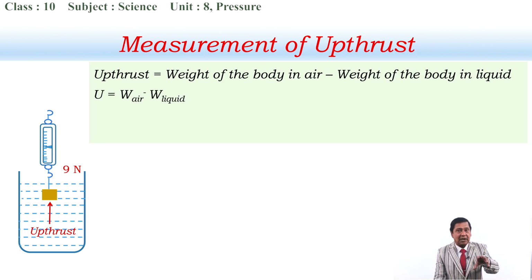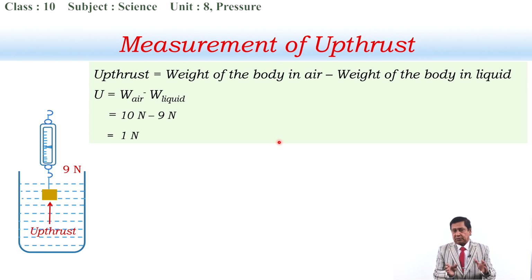Symbolically, upthrust can be written as U, and U = weight in air minus weight in liquid. In this case, weight in air was 10 Newton, weight in water is 9 Newton, so 10 Newton minus 9 Newton, 1 Newton, is the upthrust. Okay, this is all about the upthrust.